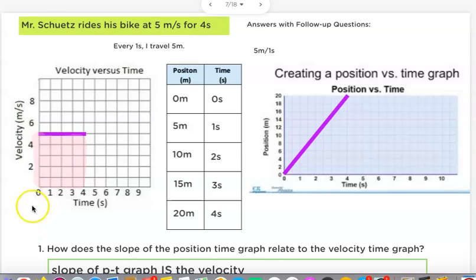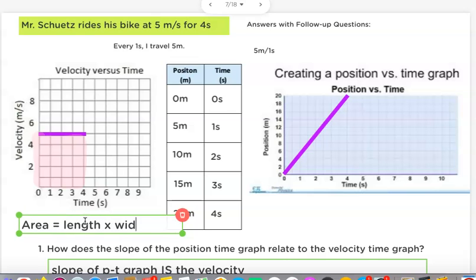All right, so this is a rectangle. The area of a rectangle equals length times width. Okay. So what is our length here?